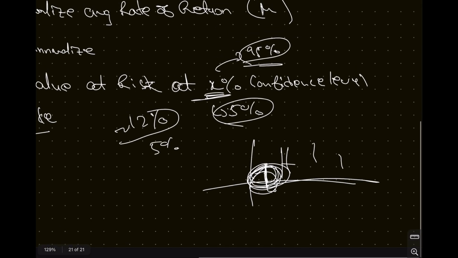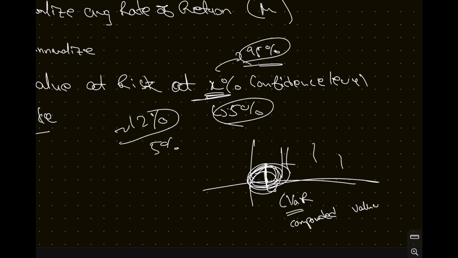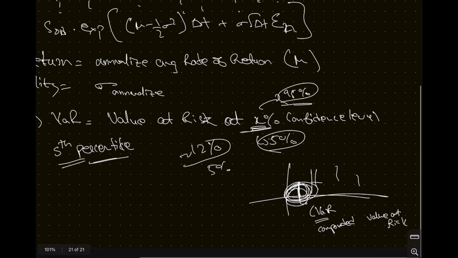That would be CVaR, conditional value at risk. So if the 5% case scenario happens, the value that you can lose on average for the portfolio that we assessed was something like 20%, I guess.